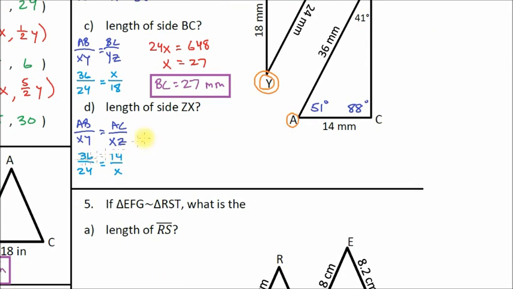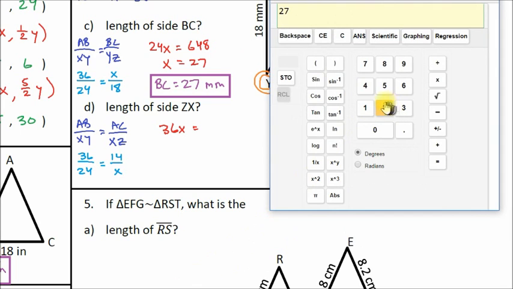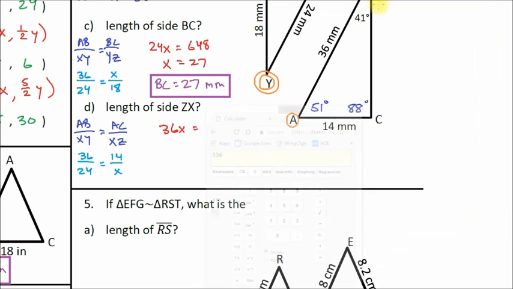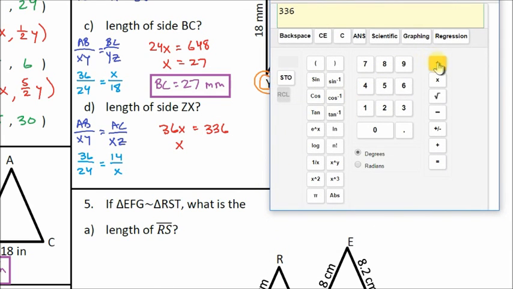All right, cross multiply. We've got 36x is equal to 24 times 14. 24 times 14 equals 336. And now we're going to divide both sides by 36. Let's do that. Divided by 36. And now I have to round.